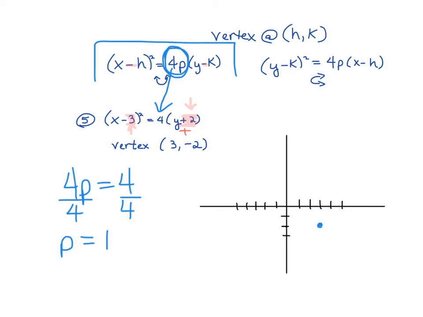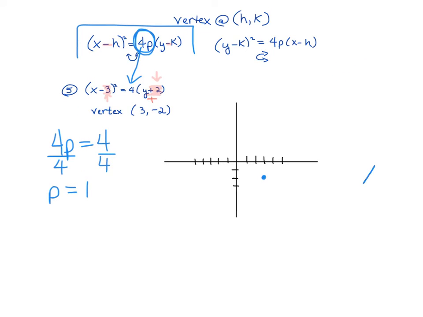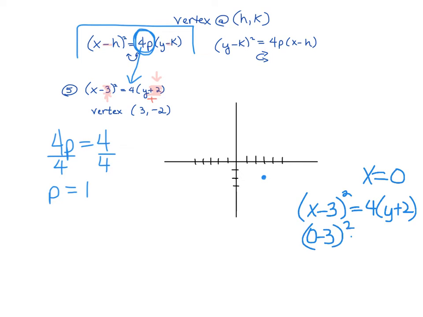So I could actually plug in x equals 0 to get the y-intercept. So I'm going to take my original equation, x minus 3 squared, y plus 2, and I'm going to replace x with a 0 and solve for y. And this will give me an additional point, which happens to also be my y-intercept.